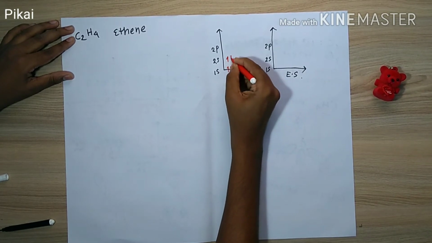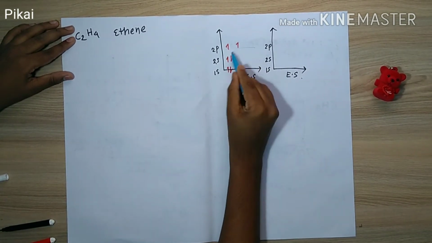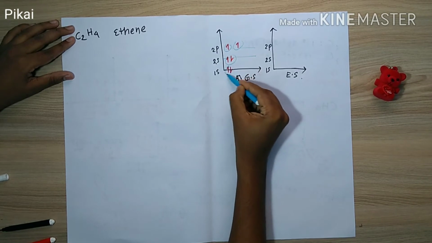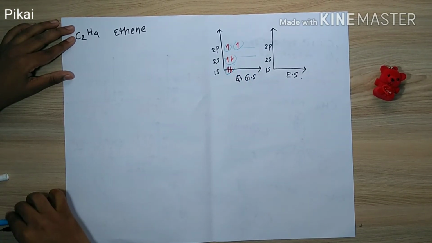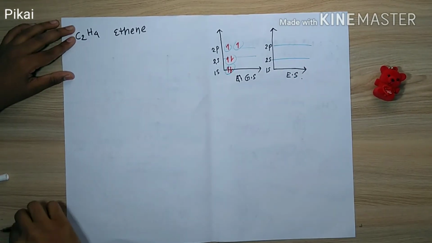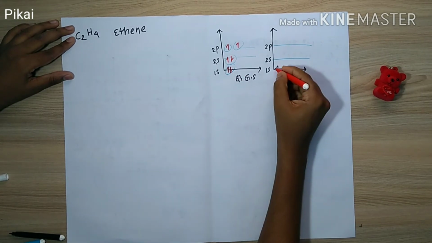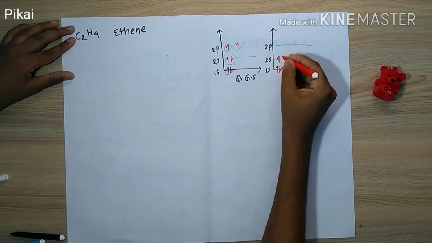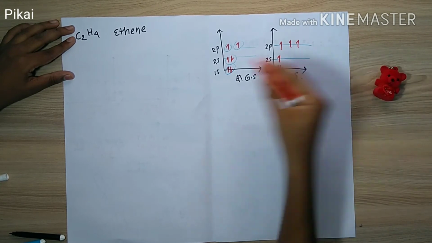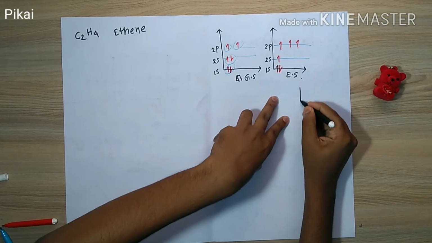So now we have two electrons in both 1s and 2s and one in each half-filled p orbital, as you have seen in the ground state of carbon. And in the excited state one electron jumped from the 2s orbital to the p orbital. So we have 3 p orbitals, that is px, py, pz.